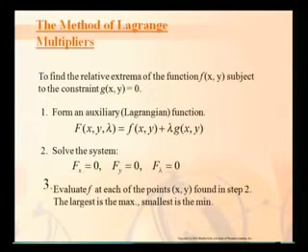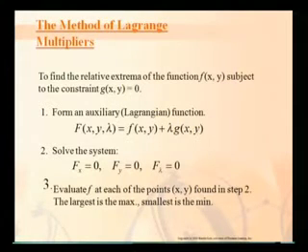So if we want to find the maxima and minima of a function subject to the constraint g(x,y) equal to 0, we first need to find the Lagrangian function, or auxiliary equation, F(x,y,lambda) equal to f(x,y) plus lambda g(x,y). Then differentiate capital F with respect to x and set it equal to 0.